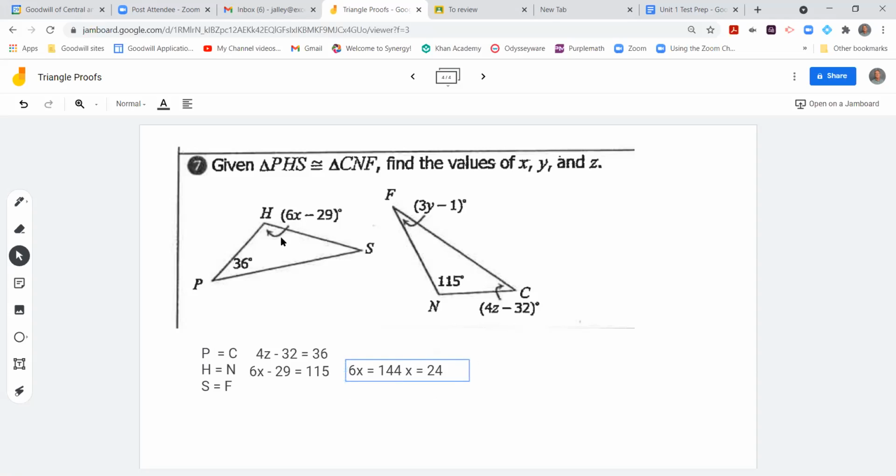And so H equals... okay, I'm making it more difficult on myself. What am I missing here that should have been obvious to me as soon as I started this problem?